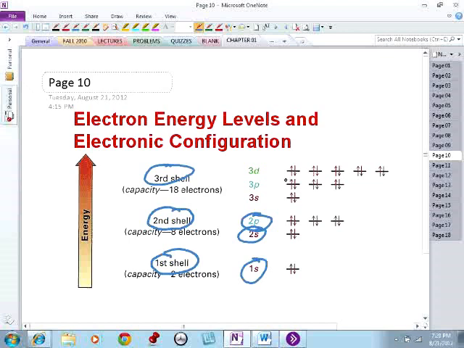So therefore, what is the maximum number of electrons you could have in the d orbitals? 10. Okay. So different atoms or elements have electrons that occupy each one of these depending on their atomic number. In other words, depending on the number of electrons they have.